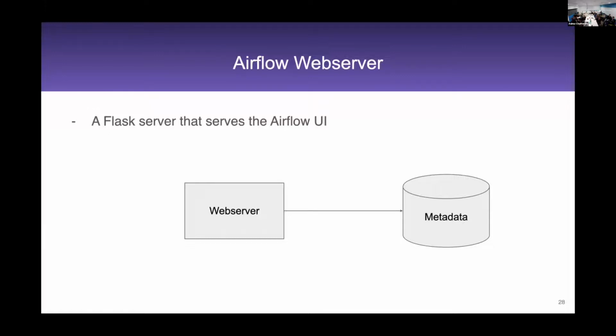The metadata DB has information about your DAGs, your connections, your logs, all that information. It takes that information and, depending on what the UI wants, passes it along. So you can say it is a kind of interface between your database and your UI. It serves as something in between them. Its main purpose is just serving the UI.